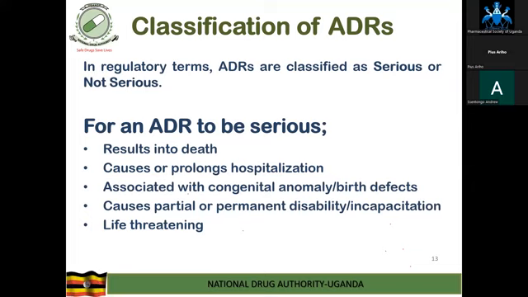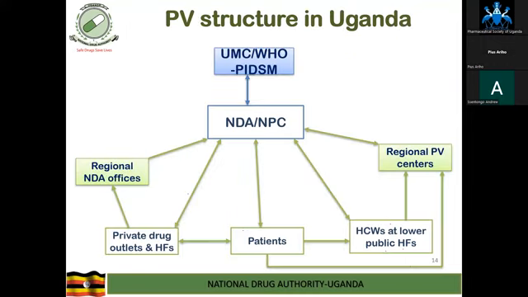Or someone may take a drug and they tell you they can no longer hear, they can no longer see. Those disabilities are very critical. That is why the most emphasis is put on serious adverse drug reactions. So this is what our pharmacovigilance structure in Uganda looks like. And as you can tell by now, the issue is reporting.